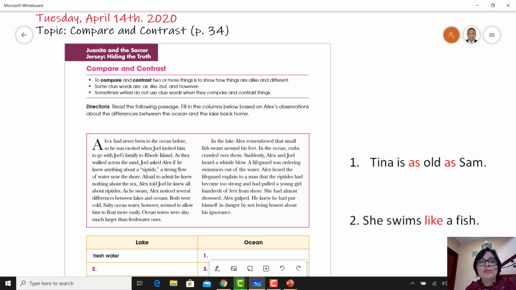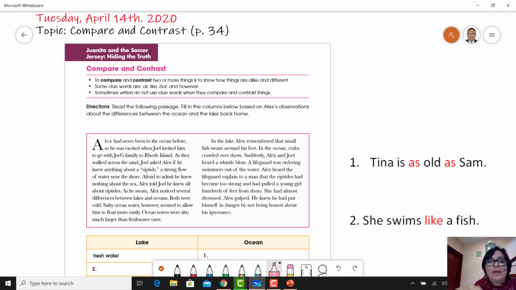You already know that compare and contrast is looking for the similarities and the differences. So what we are going to do right now is to highlight the clue words. So here we have compare and contrast. Page 34. Compare and contrast.